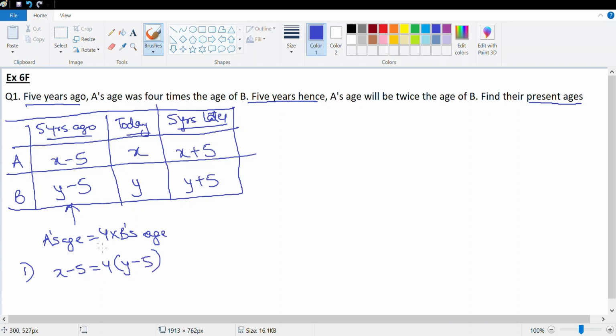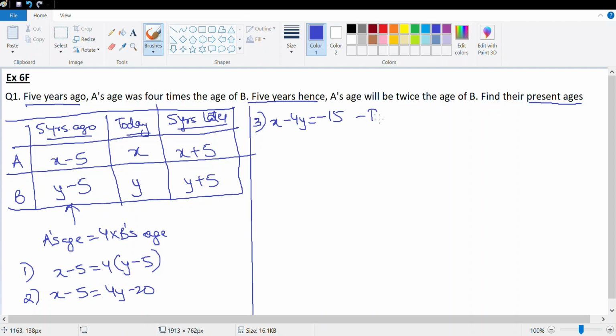Yes, that's correct. Now let's open this bracket. X minus 5 is equal to 4Y minus 20, which means we can write this equation as X minus 4Y is equal to negative 20 plus 5, that's negative 15. That's our first equation. X minus 4Y is equal to negative 15.